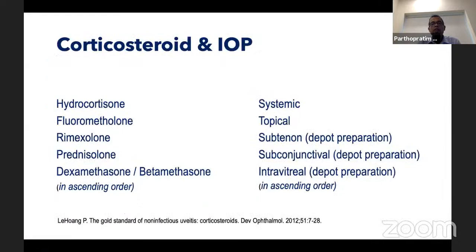So when we talk about corticosteroid, you have to understand that there are some conditions where the chances of steroid response are very high. So you have to be careful. Especially you have to use intravitreal drugs, dexamethasone or betamethasone, very carefully in such patients.